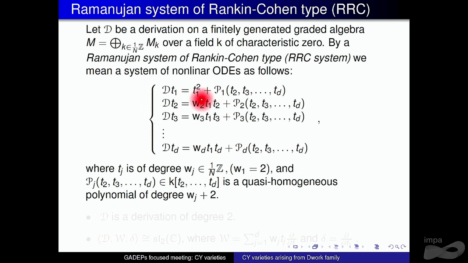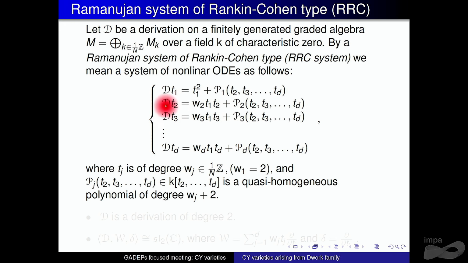We are supposing that T1 to Td somehow generate the graded space. The graded space is finitely generated. So we let the derivation of T1 be T1 squared plus a polynomial just in T2, T3, and Td.